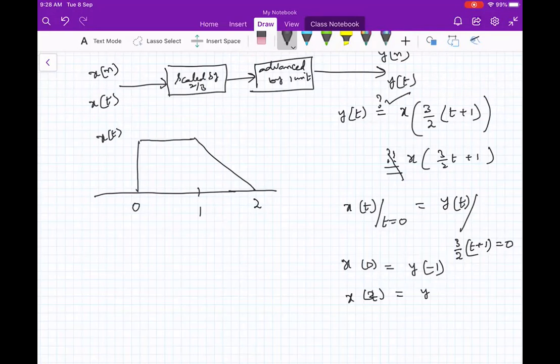Y of t at t equal to 1/3: 3/2 into t plus 1 is equal to 2. Is it not? So this is equal to x of 2 is equal to y of 1/3.